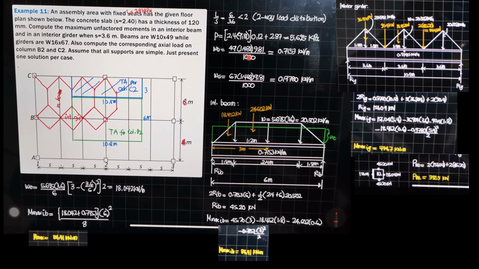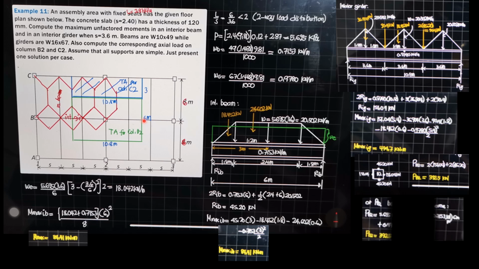That pressure is 5.695 kilopascals, times 10.8 times 6. Then we add the beams inside the tributary area. There are 3 beams of length 6 meters, and one interior girder of length 10.8 meters.